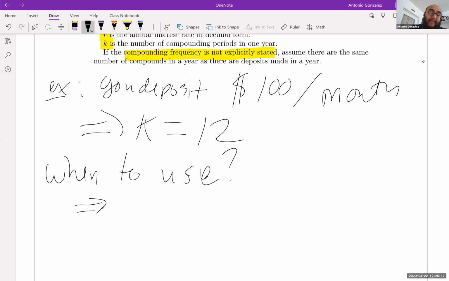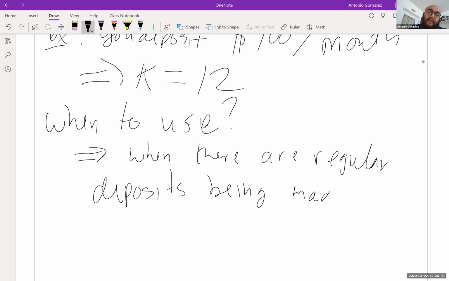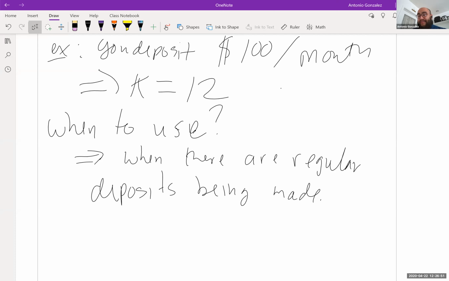We use this when there are regular deposits being made, as opposed to one lump sum like we did in the compound interest. If there are regular deposits being made, then we use the annuity formula. Let's work through an example so we can see how to use this formula.